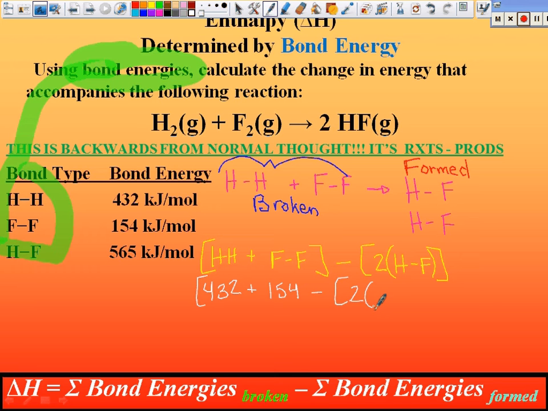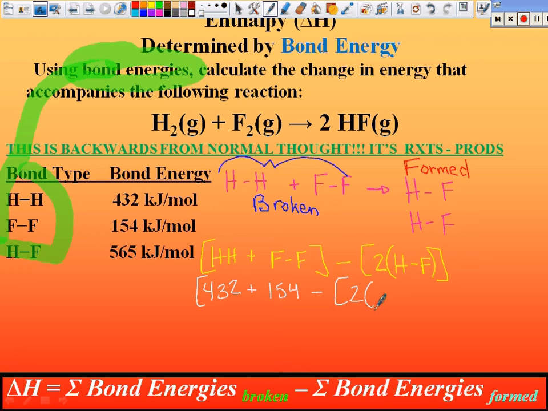This next part's always what happens. It's negative. Why is this 565 negative? Very good. These are going to be your exothermic reactions, so you have to flip it to negative 565.